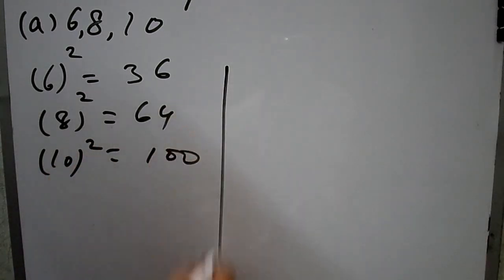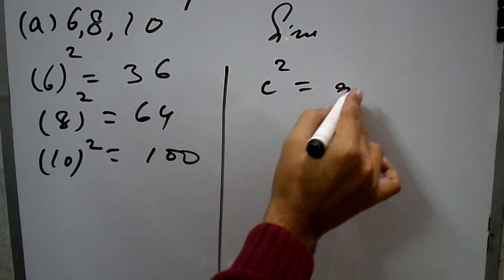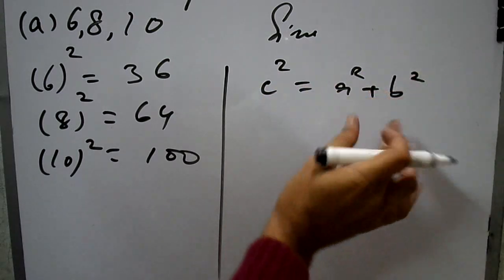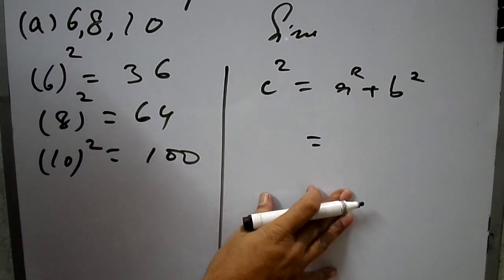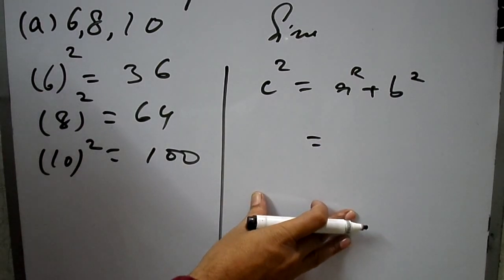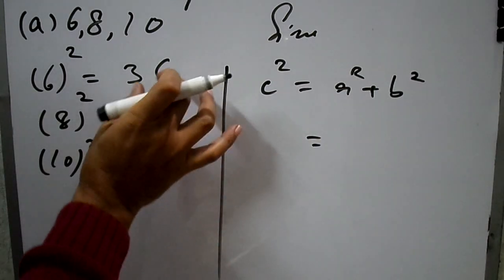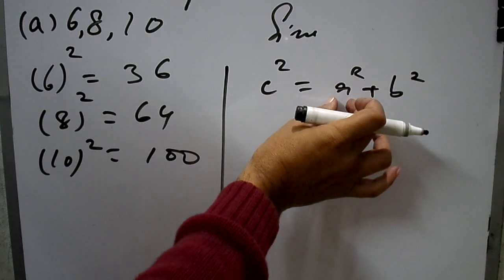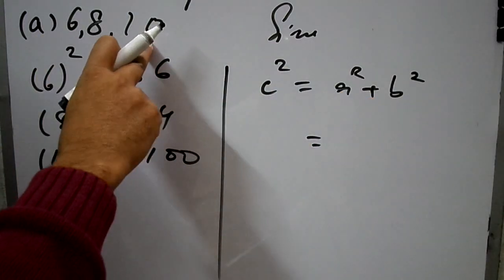So what is Pythagoras theorem? C square is equal to a square plus b square. If this is satisfied, you will be able to say that these are Pythagorean triples. If I put the values here, that is your a square, b square, and the value of c square is 100.